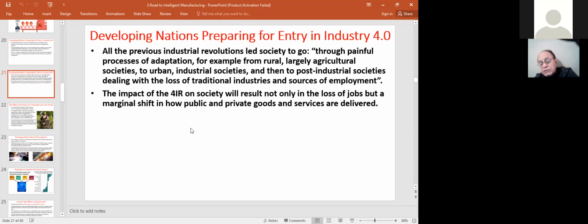So we need to see how we can manage that, and this has to be managed at the national level really, and people have to be trained, and their skills have to be developed into those jobs which are now available, so that their income level is not cut down, or it is rather increased.